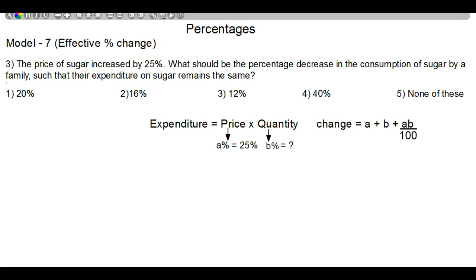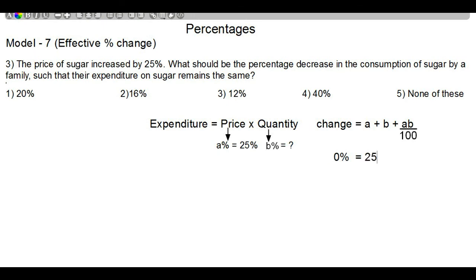The percentage change in quantity has to be calculated such that expenditure remains the same. Expenditure remains same means what? It is nothing but the old expenditure should be equal to the new expenditure. So very clearly, as there is no change in expenditure, the overall change here in expenditure can be taken as 0% because old expenditure and new expenditure are equal.